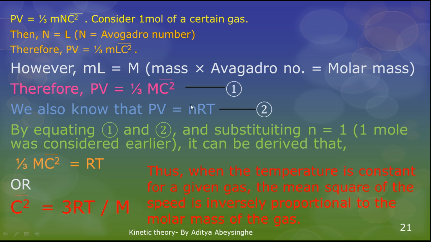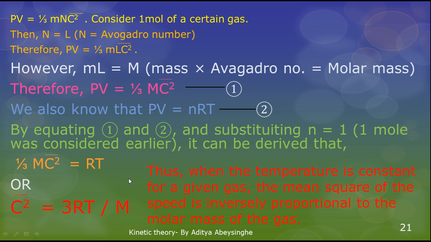So we also know that PV equals nRT. So from these two derivations, we can say finally that 1/3 Mc squared bar is equal to RT, right? Because we are considering only 1 mole of that gas, finally c squared bar equals 3RT over M, or root of c squared bar is equal to root 3RT over M. So when the temperature is constant for a given gas, the mean square of the speed is inversely proportional to the molar mass of the gas.